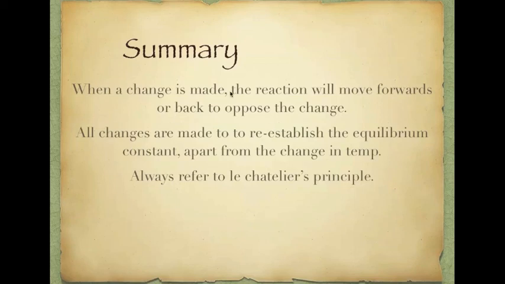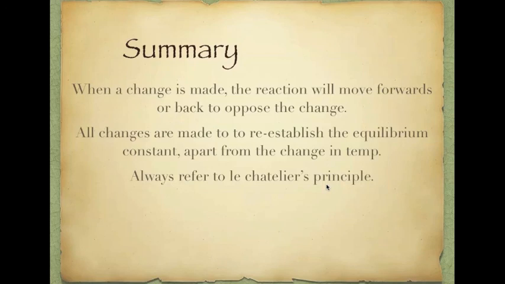So when we're looking at equilibrium and changes in equilibrium, we always want to refer back to Le Chatelier's principle. So we want to say, this was a change. Le Chatelier says we want to oppose that change. How will the reaction cope to oppose that change?